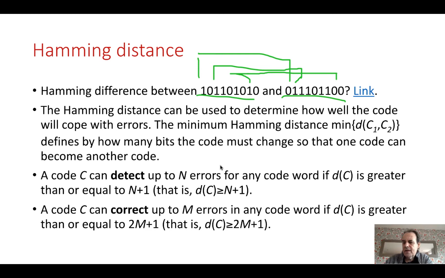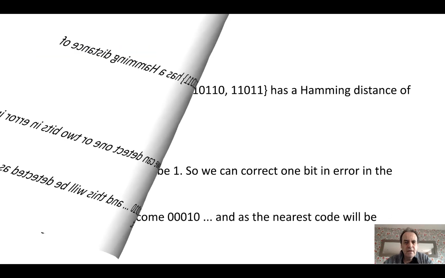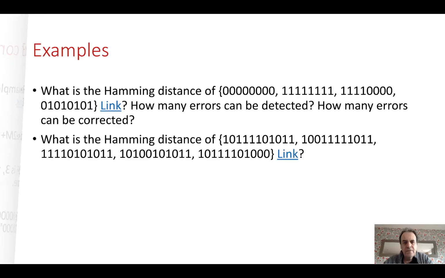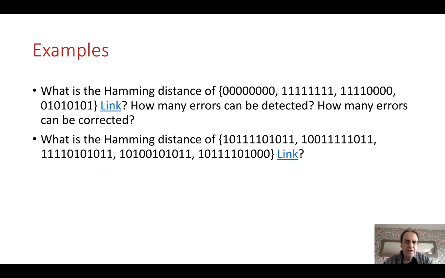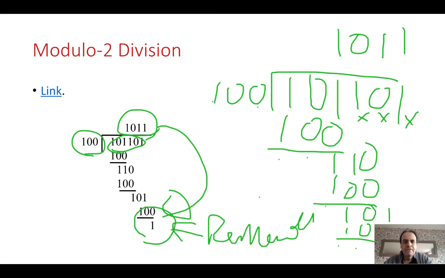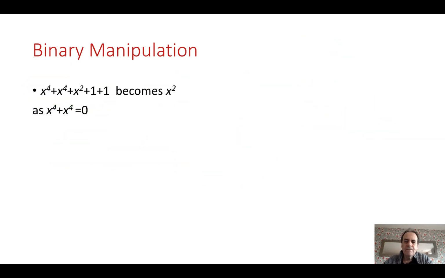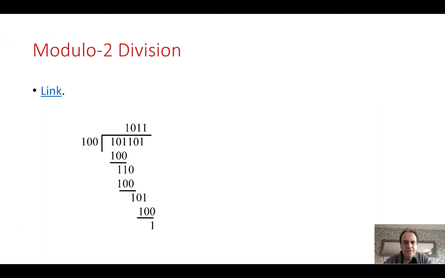So the rules are, if we want to be able to detect an error in our bits, then we use this calculation.